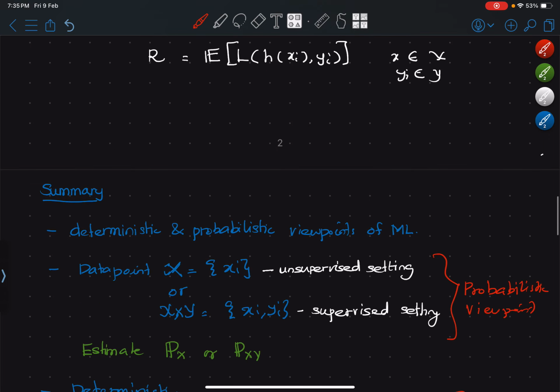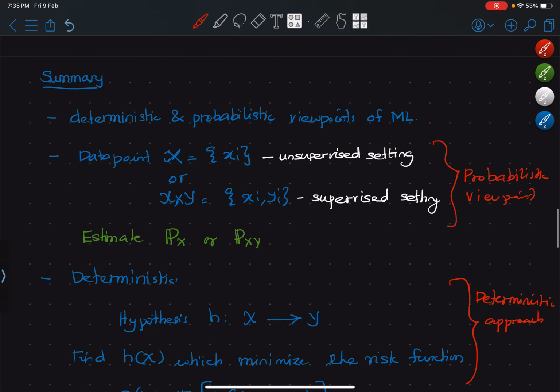To summarize what we have seen so far, there are two ways in which we can approach ML, which are actually complementary. It's not like one way goes in a completely different direction from the other. We have to look at both views in parallel, and sometimes use results back and forth, and learn this.